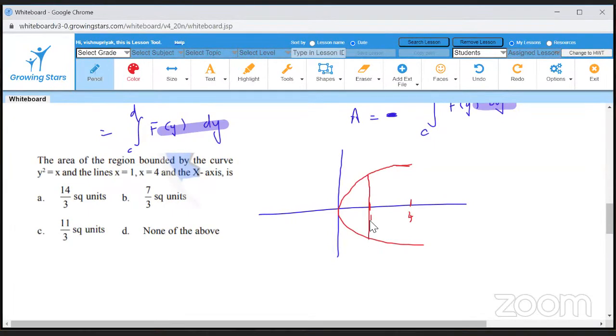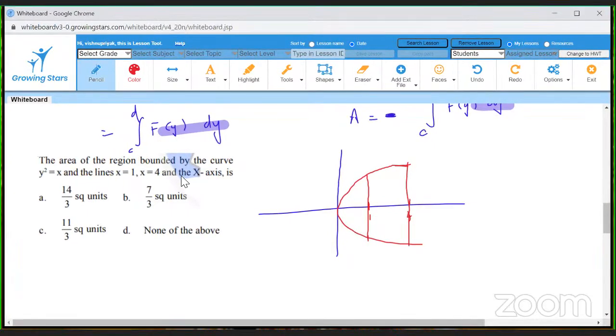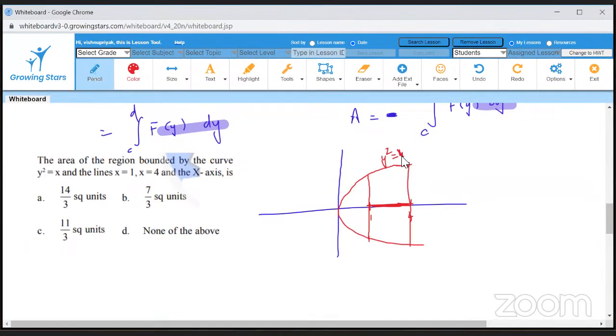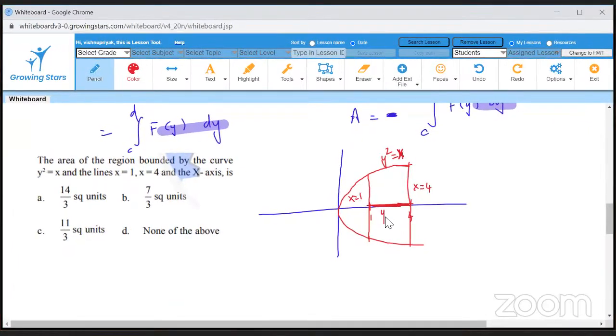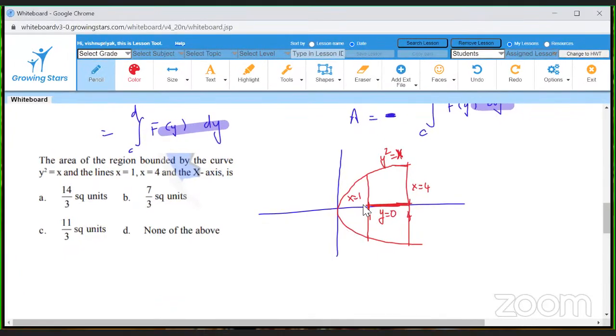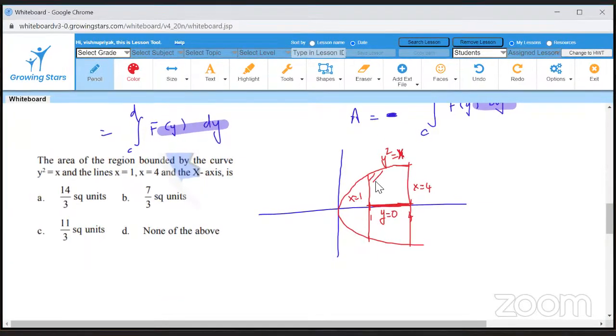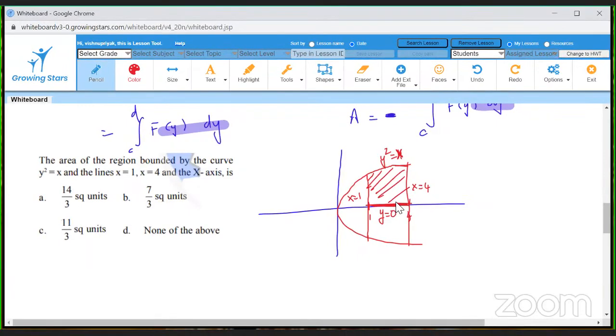So you can draw one line here, one line here, and you have to take the x-axis. This is y square equal to x. This is x equal to 1. This is x equal to 4. This is x-axis, that is y equal to 0. So after drawing all the equations, this is the bounded region.